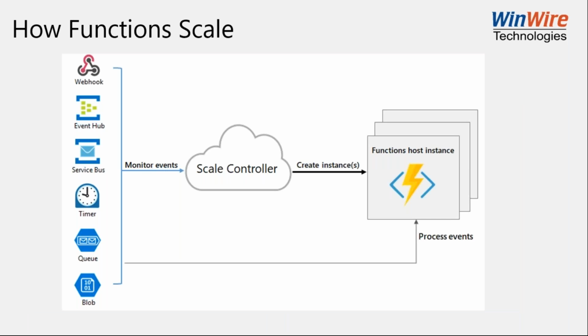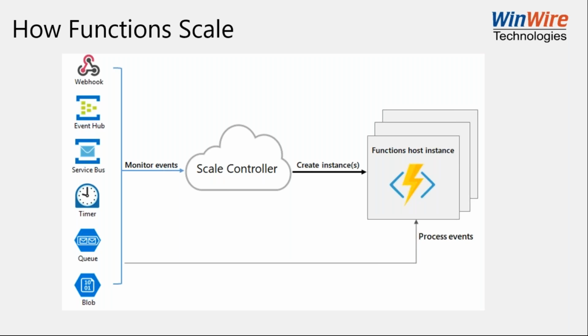Now, you must be wondering how Azure just magically scales the whole thing for you, and how is it possible? So the crux of the story is that there is a component called scale controller. Without diving too deep into it, what it does is it monitors all the events. Events are nothing but all your triggers.